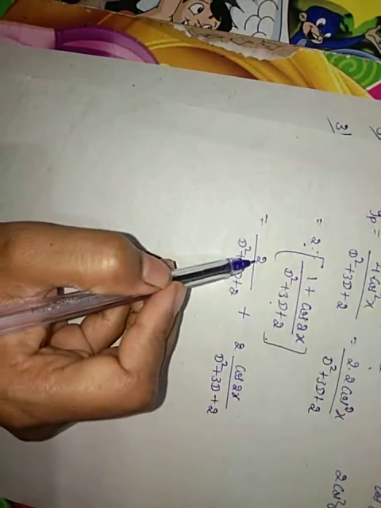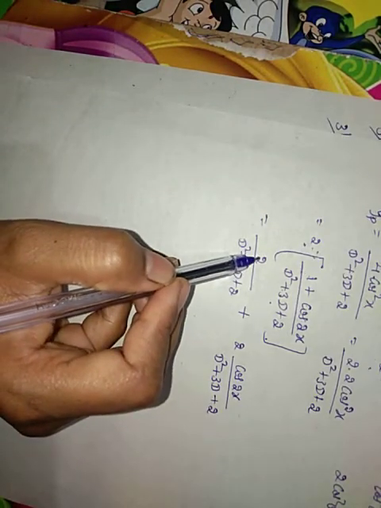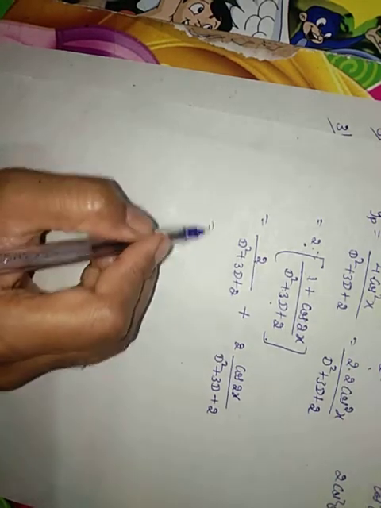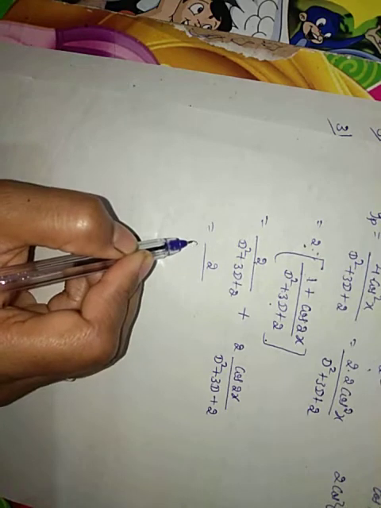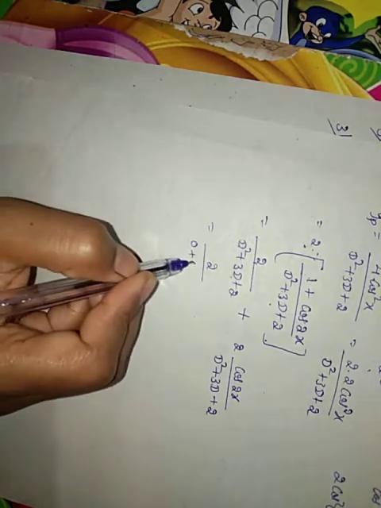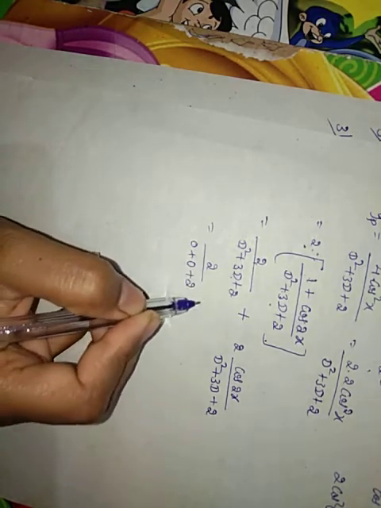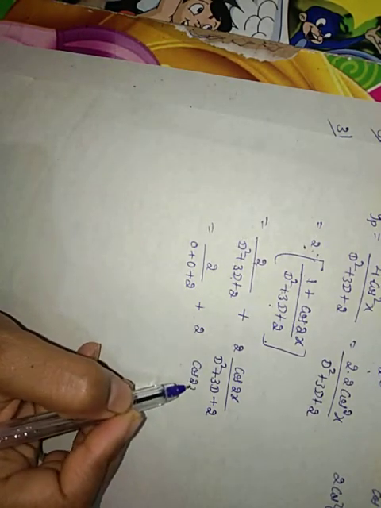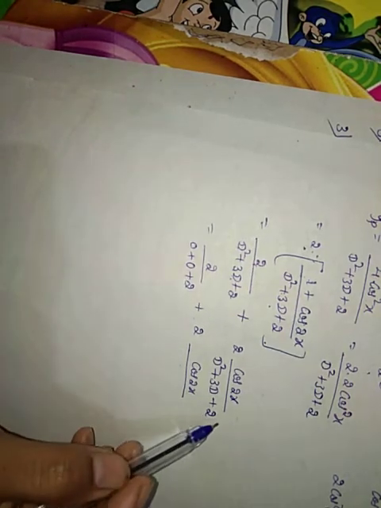Next procedure: when the function is constant, replace D by 0. 2 divided by 0 plus 3 into 0, plus 2, plus 2 into cos 2x divided by... Here a is equal to the coefficient of x, which is 2. Minus a square is equal to minus 4.